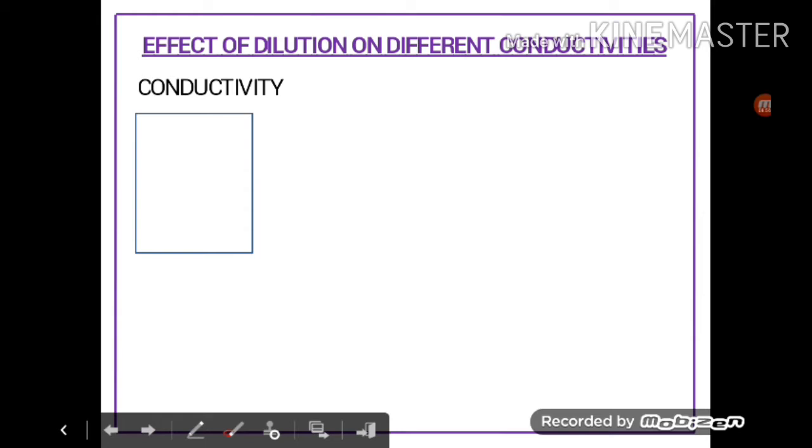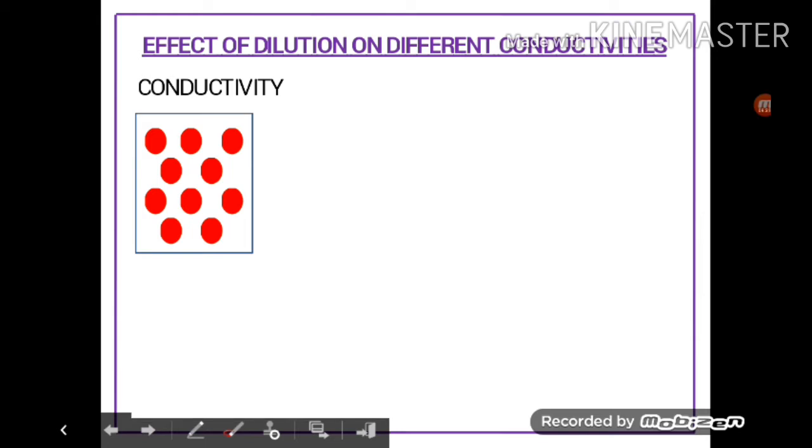So see, one thing which is very compulsory: conductivity is the conductance of 1 liter solution. So suppose this box has a volume of 1 liter. In this box 10 ions are present. If 10 ions are present, it means 10 ions will conduct electricity. So the amount of electricity carried by this solution depends on the number of ions.